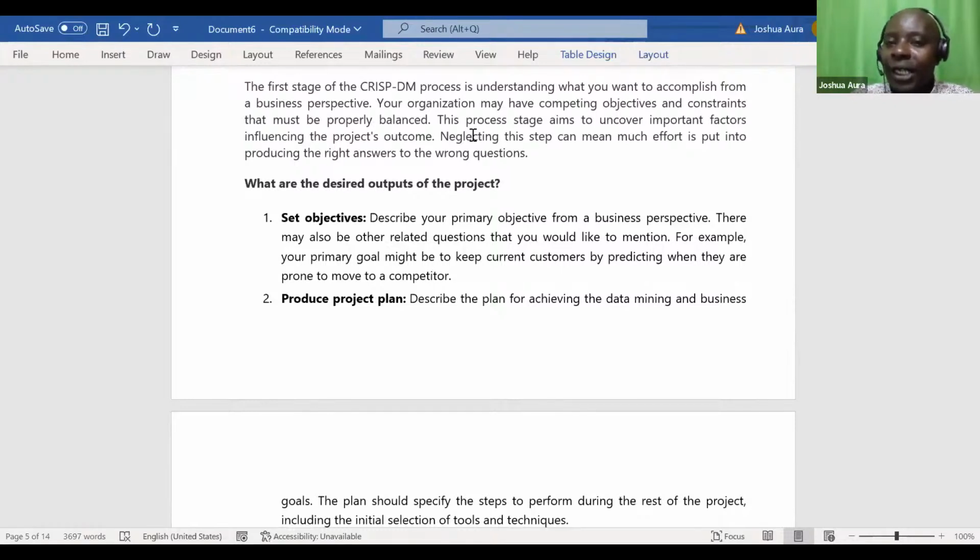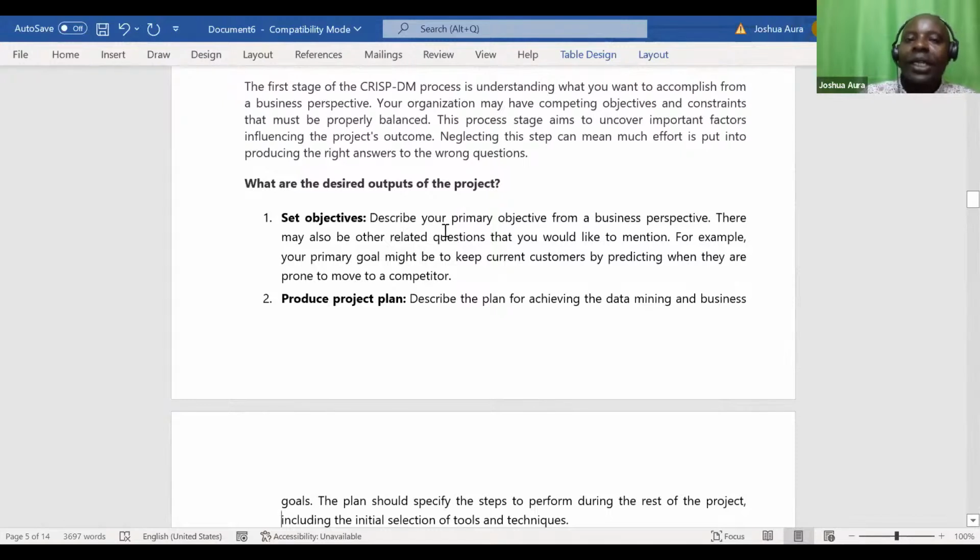Failing to understand the business that you would want to analyze its data will be the worst decision ever. Neglecting this step can mean much effort is put into producing the right answers to the wrong questions. What are the desired outputs of the project? We must ask ourselves when we're trying to understand this business.